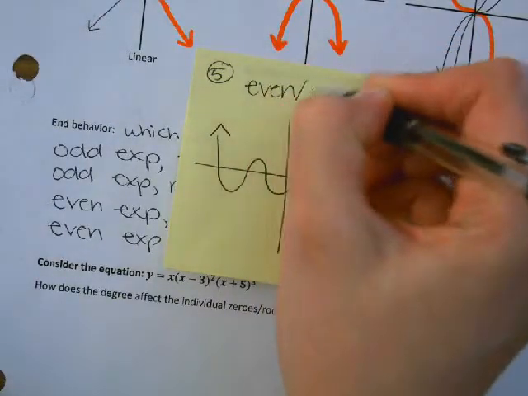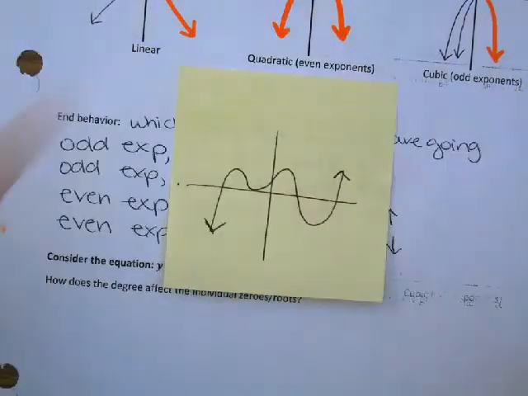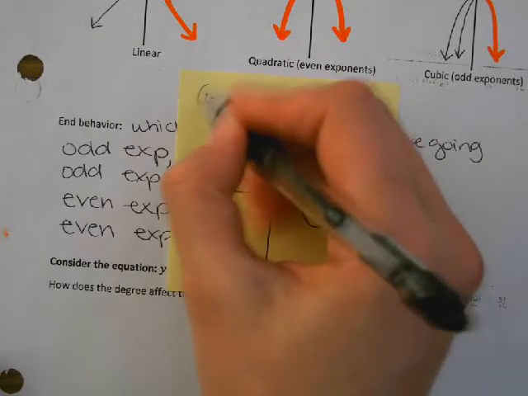Even and positive. Okay, here's the last one. The last one was even positive. And then go ahead and write down this one. All right, what did you guys conclude? Odd and positive.